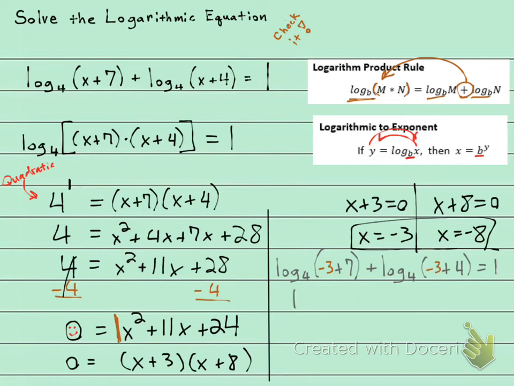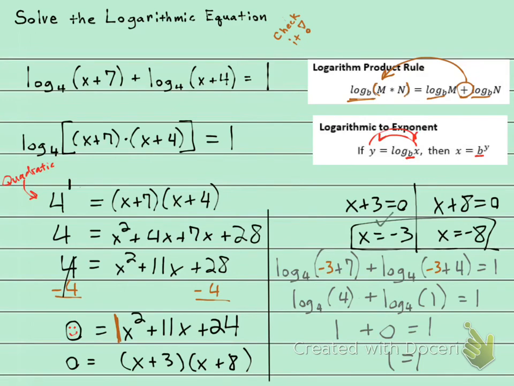This gives me the log base 4 of 4, which is perfectly fine, and the log base 4 of 1, which is also perfectly fine. The log base 4 of 4 is 1, and the log base 4 of 1 is 0. 1 plus 0 equals 1, 1 equals 1, and this is one of my answers, negative 3.